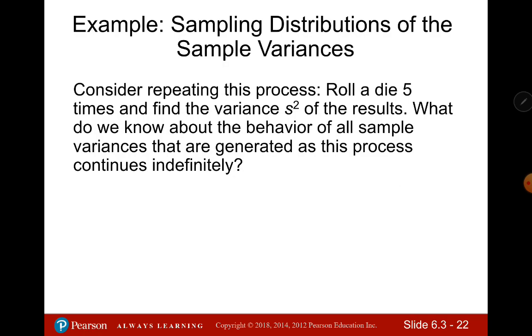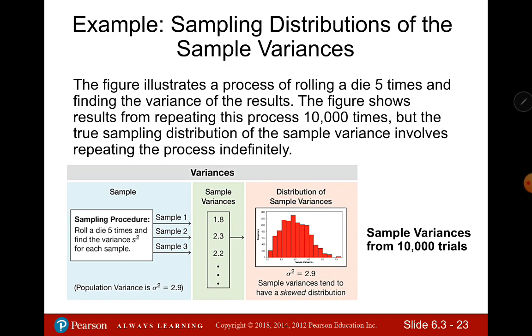Let's check this one. Roll a die 5 times. We have 5 numbers, right? Based on these 5 numbers in one sample, we can get the variance. We can get the S squared. Now we are talking about the behavior of the sampling distribution.